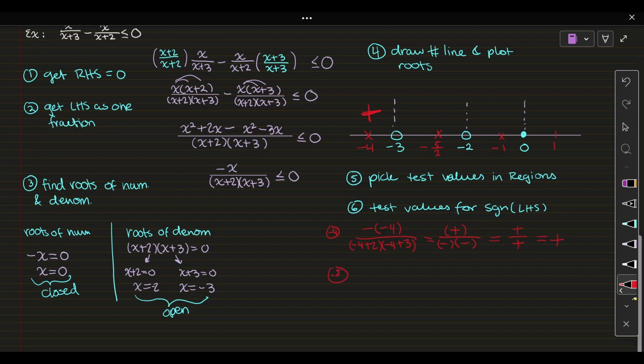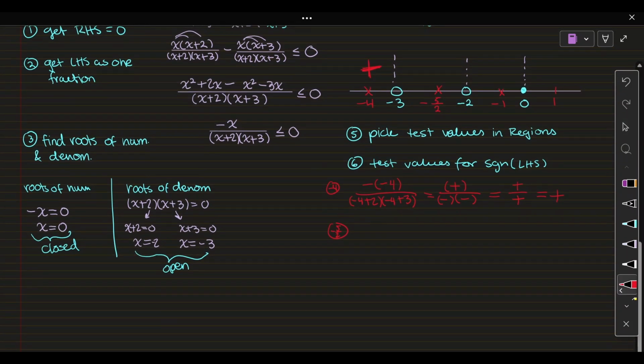Okay, next plugging in negative 5 halves. We have negative 5 halves over negative 5 halves plus 2 times negative 5 halves plus 3. Okay, negative 5 halves is going to be positive 5 halves. And then we said that negative 5 halves is less than negative 2, right? So I'm subtracting from 2 something that's greater than 2.